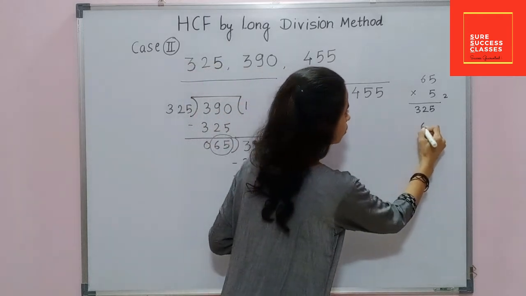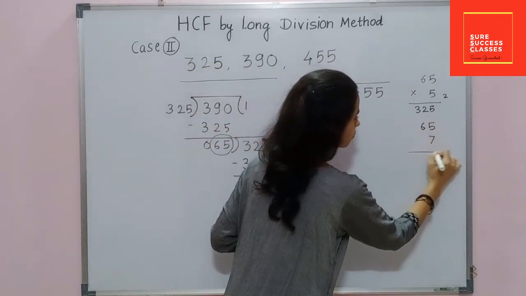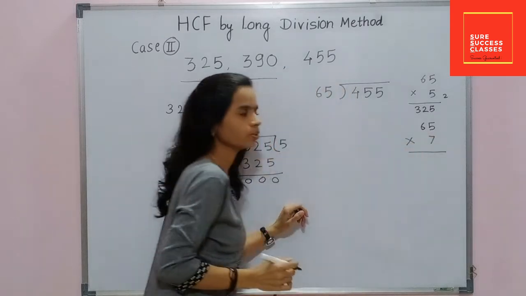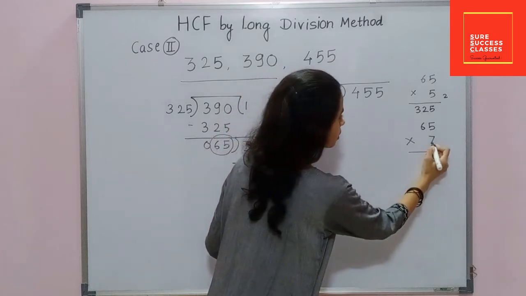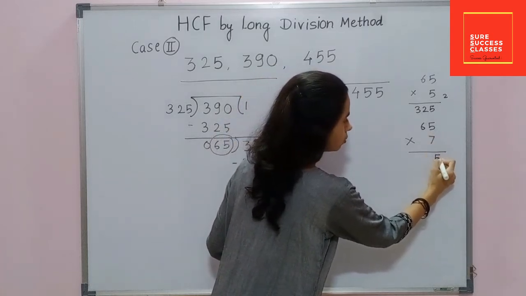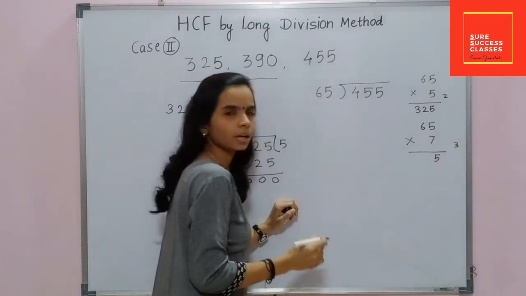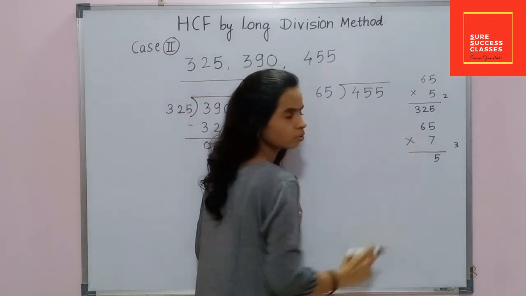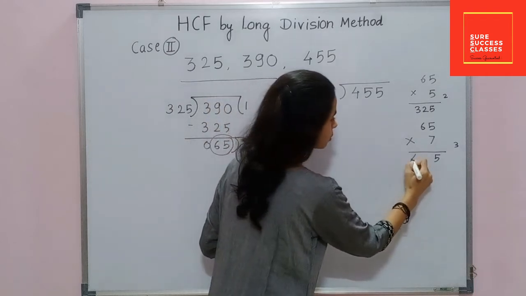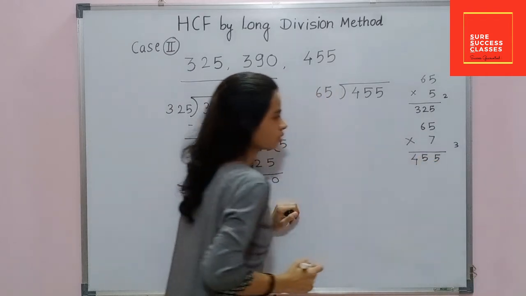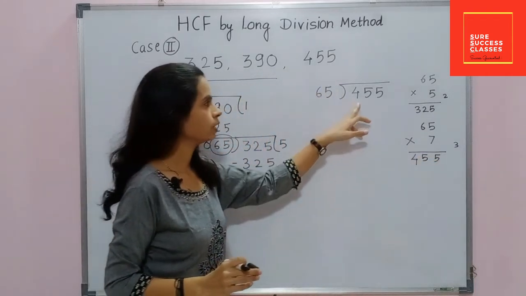So we will go for 7 also. If we multiply this 65 by 7, then also we will get 5 at one's place. 7 5s are 35, 3 will remain, and 6 7s are 42 and 3 means 45. So here we have got our dividend.